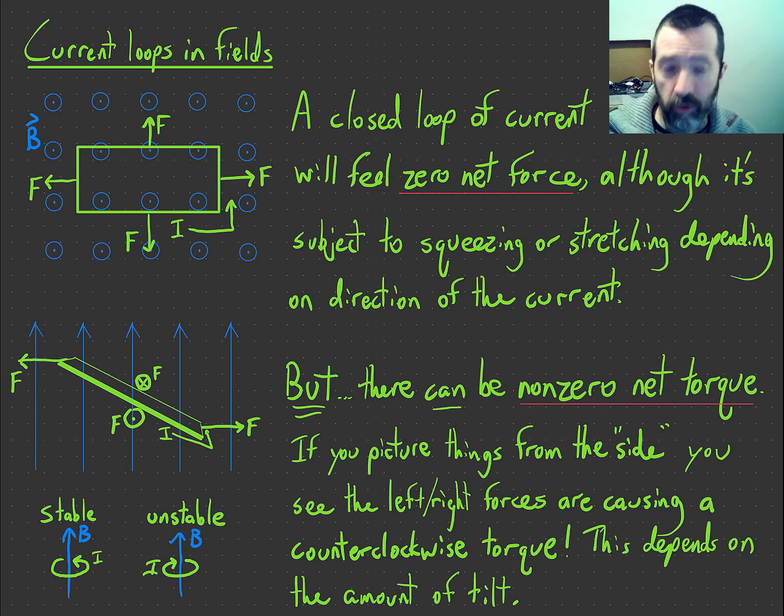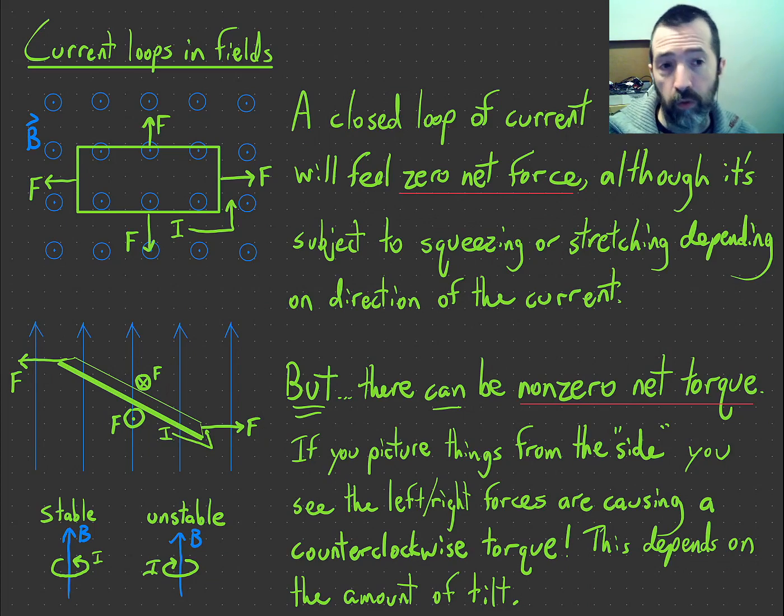If I were to reverse the direction of the current or the field, then the forces would all point inward instead of outward. They don't have to go outward, they could go inward. It depends on the directions of stuff in the right-hand rule. But regardless of whether they point in or out, the total force is still going to be 0. So that's important.